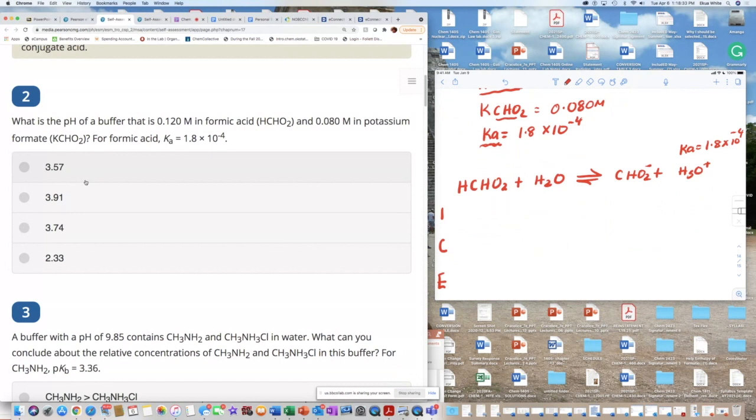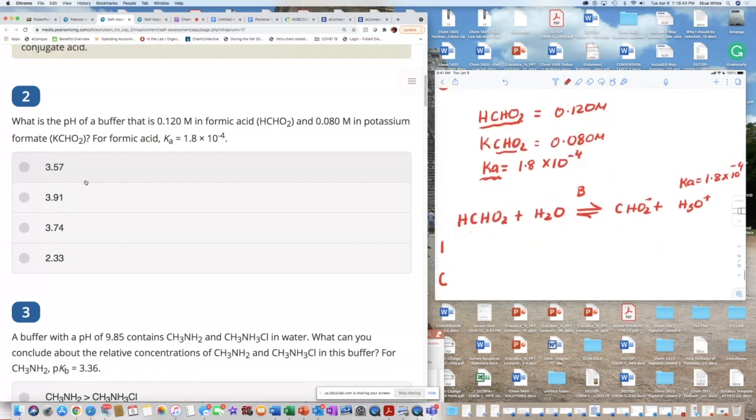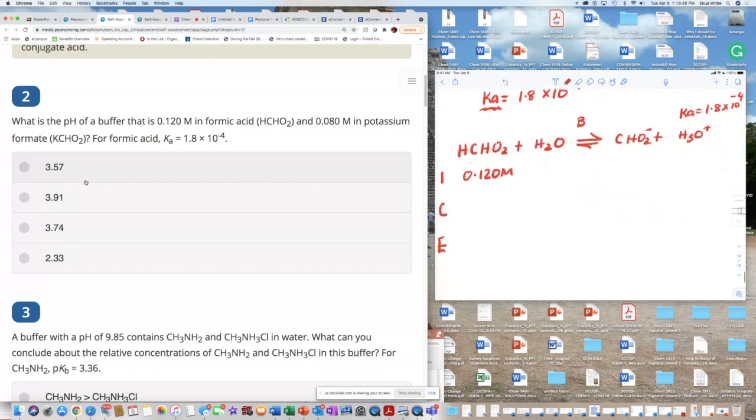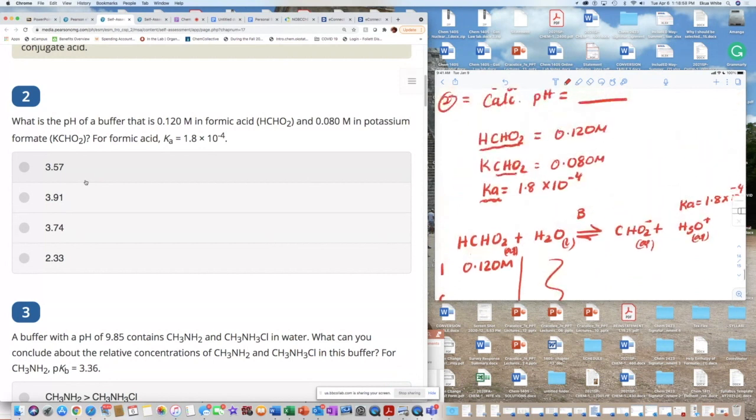Since I'm dealing with a buffer, I'm going to write B here for buffer. I'm going to have 2 initial concentrations. One for this acid, which is 0.120 molar. As usual, we ignore the water because the water is liquid. This is aq, this is aq, this is aq. And then I'll have one for this one here.